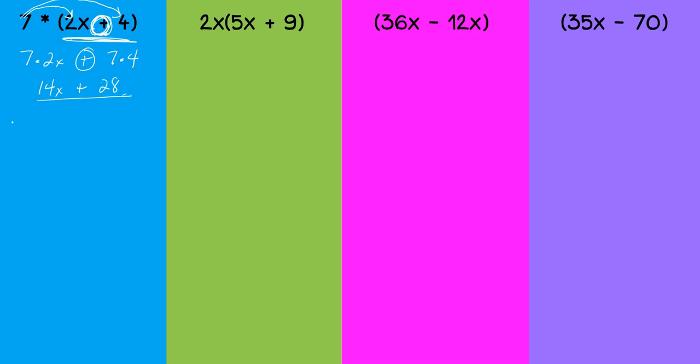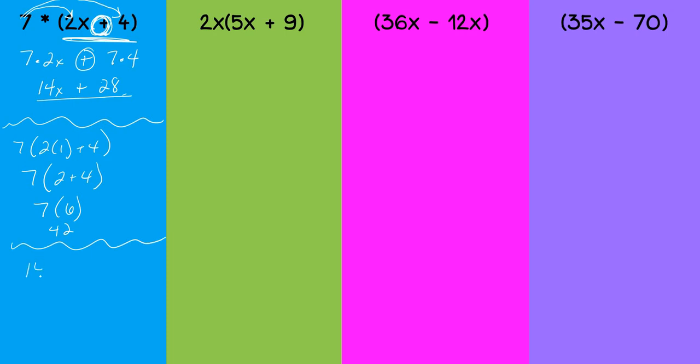Again, we can go through and we can put in our value for x and check to see if our answer is correct. So 7 times, I'm going to use 1 again. So 7 times 2 times 1, which is 2, plus 4. So this is 7 times 6, and that gives me 42.